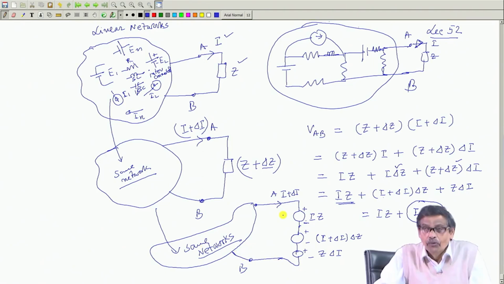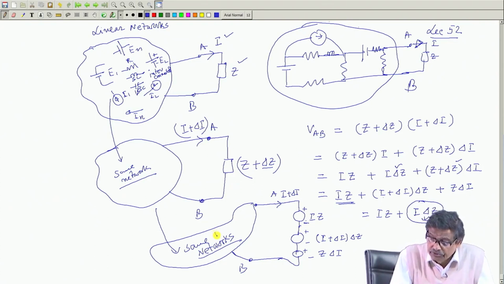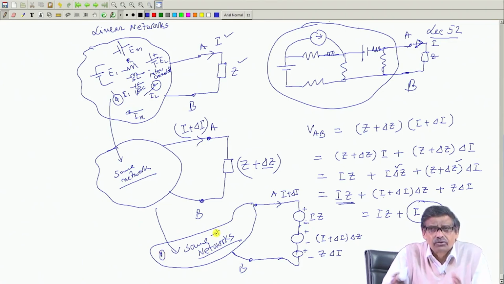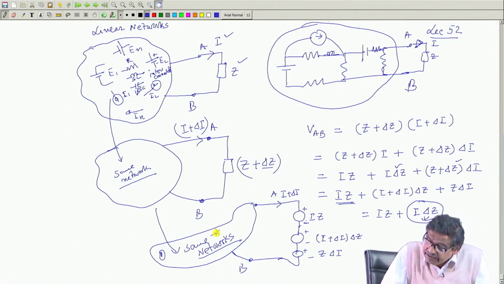Achha, now I know superposition theorem. Okay? I will say, look, in this equation, how many sources are there? All the internal sources present in the network inside, several voltage and current sources are there. Those sources and I z, only I will apply superposition to these sources.